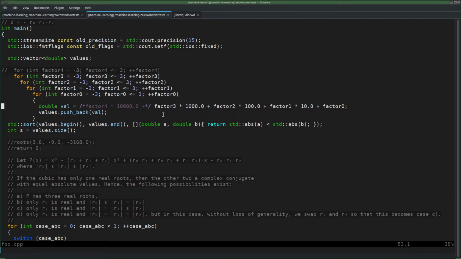So adding and subtracting these numbers will then interfere and result in also very small numbers, for example, after subtracting two large numbers. We sort these by absolute value. So in absolute value, the smallest numbers are up front in the values vector.